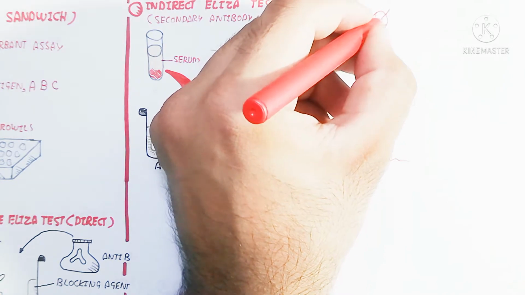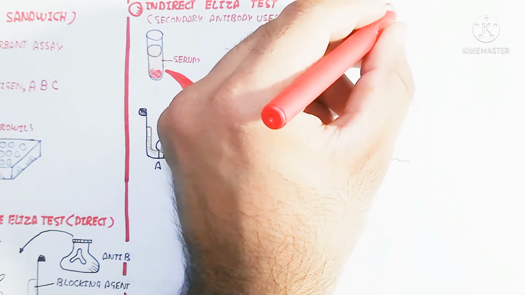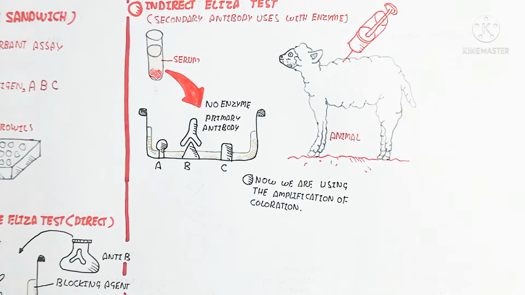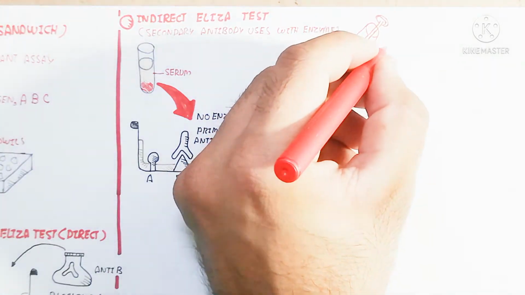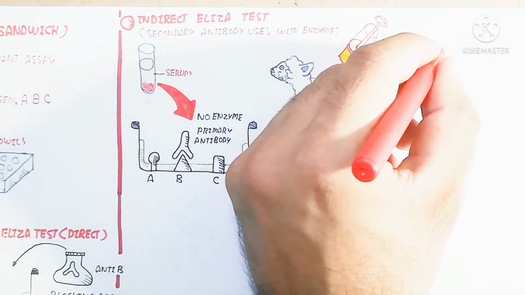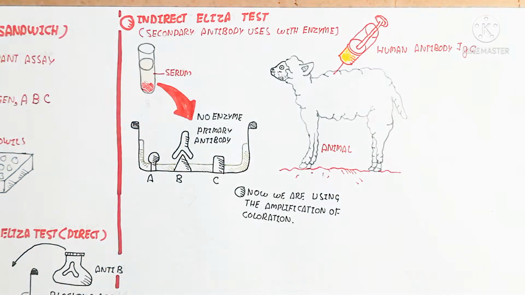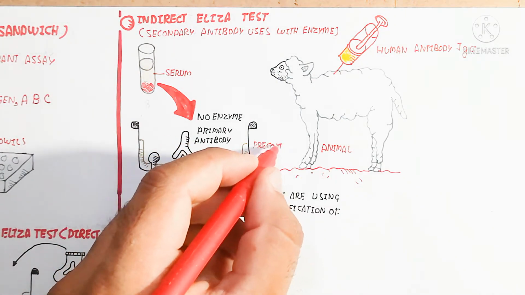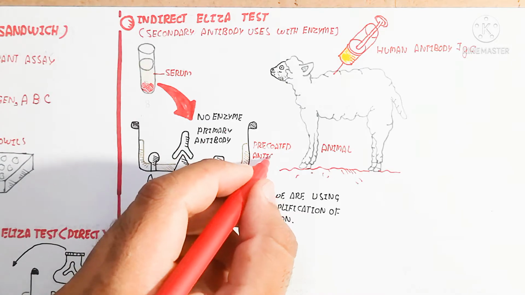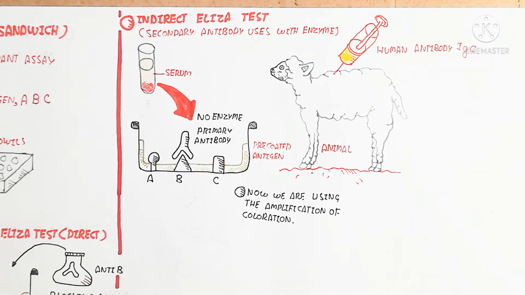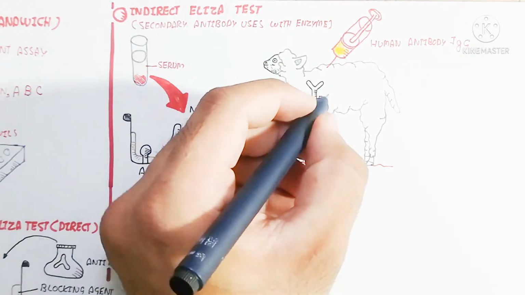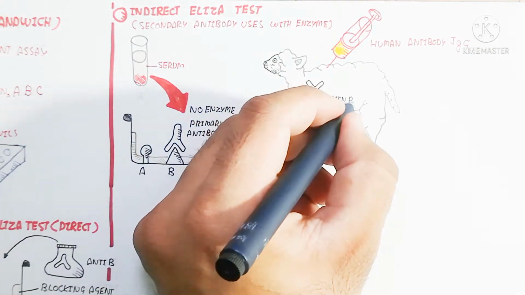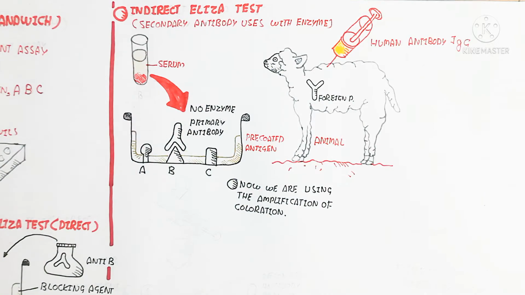So we can use another animal, and the antibodies which bind with the B antigen, we can inject into the animal. When the foreign antibody is injected into the animal, it is a foreign antigen, so it is not a good thing for that animal. For example, the human antibody IgG.